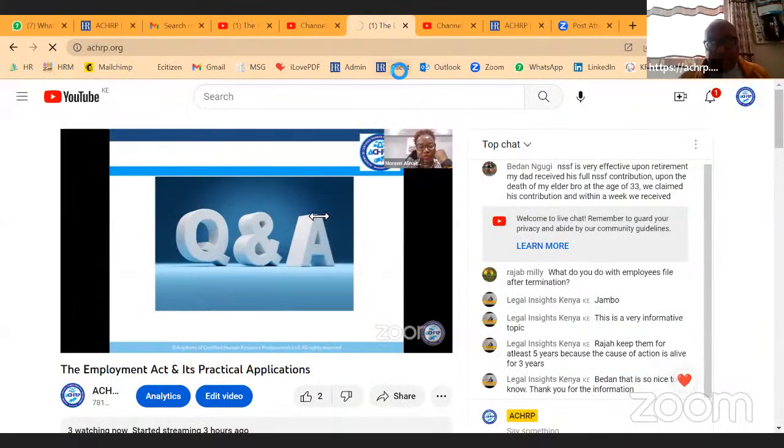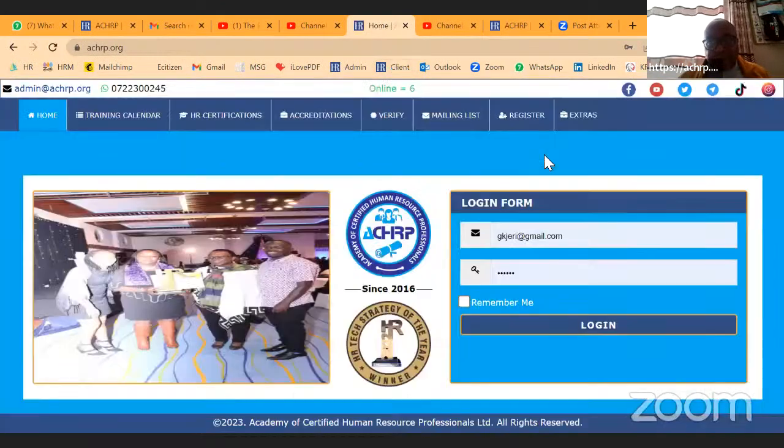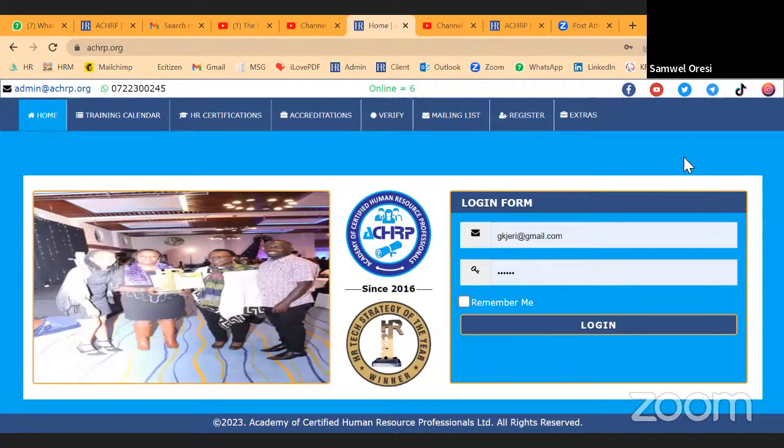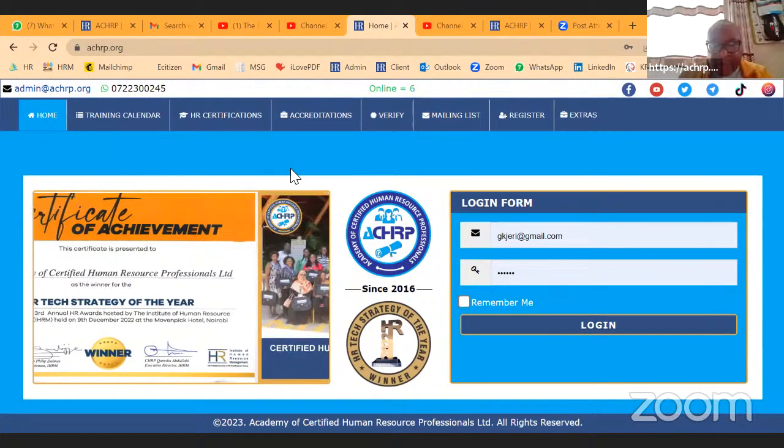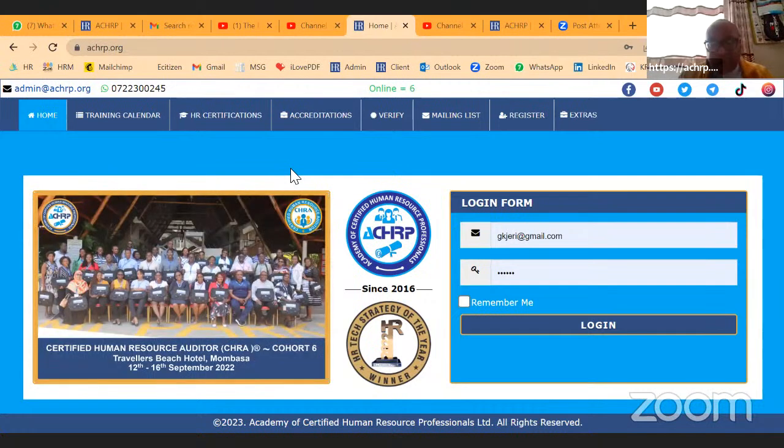So when I say you'll go to our website, our website looks like that. This is ACHLP. At the top there, you can see achlp.org. Anytime you go to the website, the first page you see has, on the left-hand side, a photo display showing our various physical trainings.